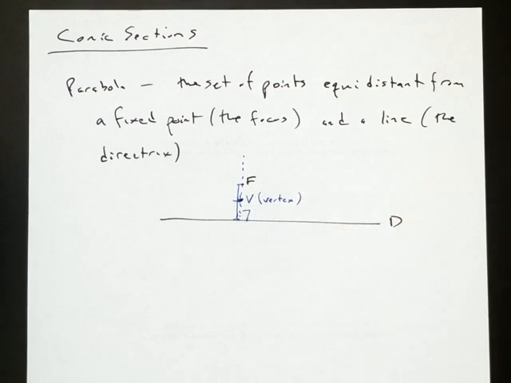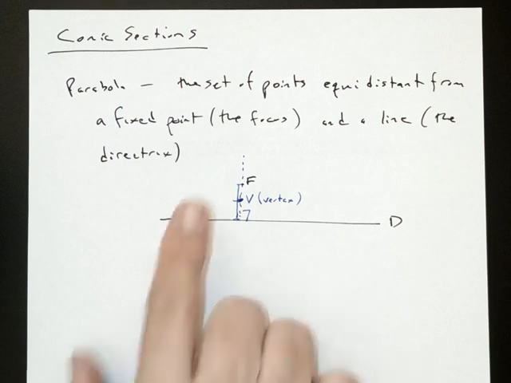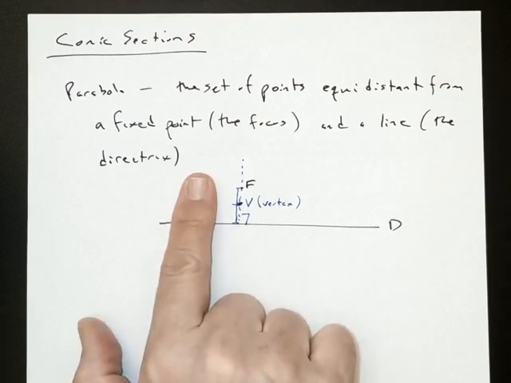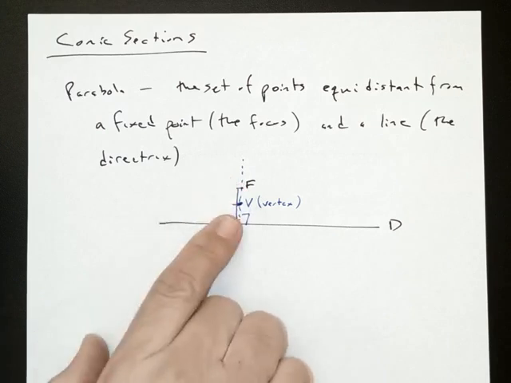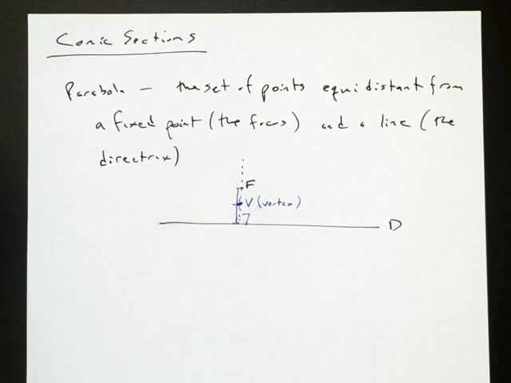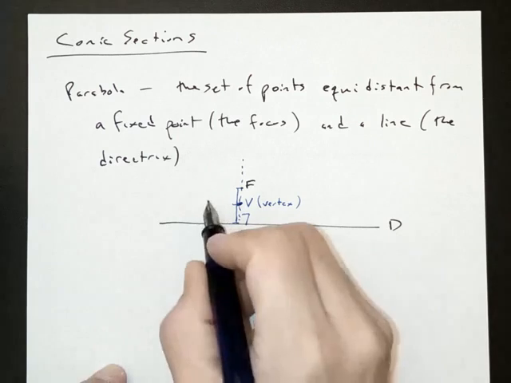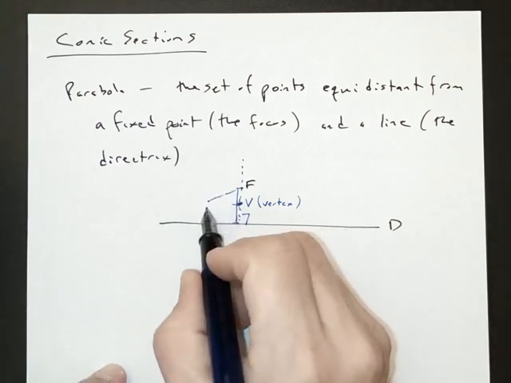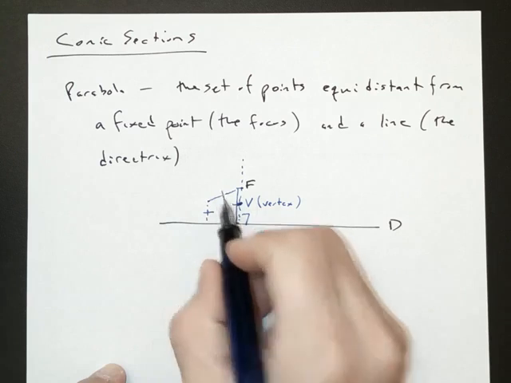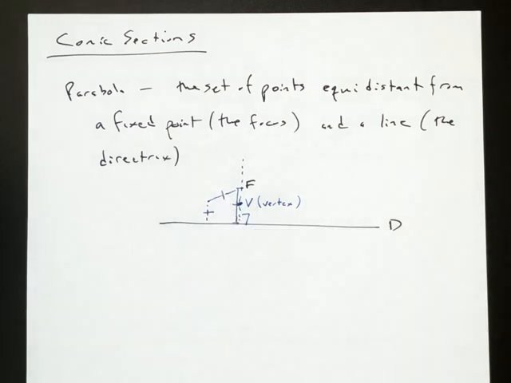Now, every other point on this curve has to satisfy this same distance property. So if I move to the left a bit, I'm going to be a bit further away from F, aren't I? If I'm over here somewhere, I'm further than this point from F. So as I move over, I've got to move away from the line. This distance has to match that distance.